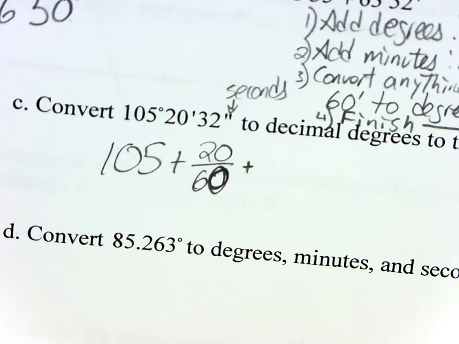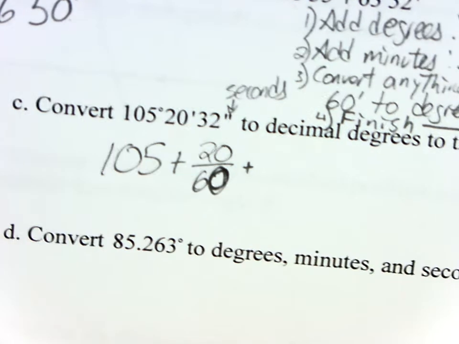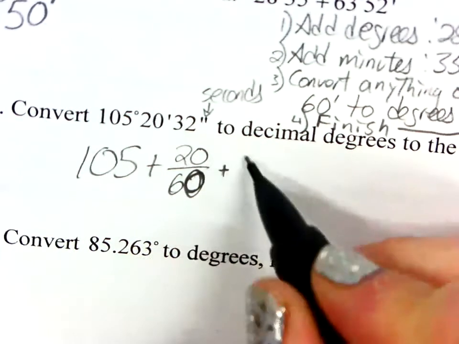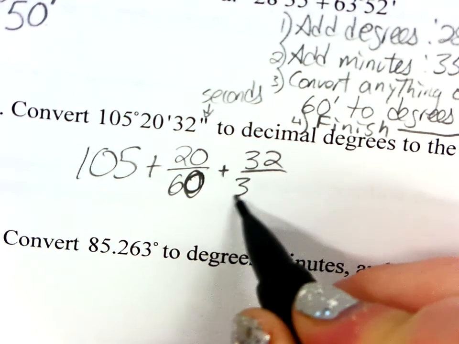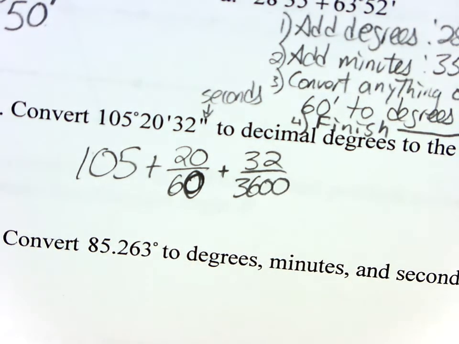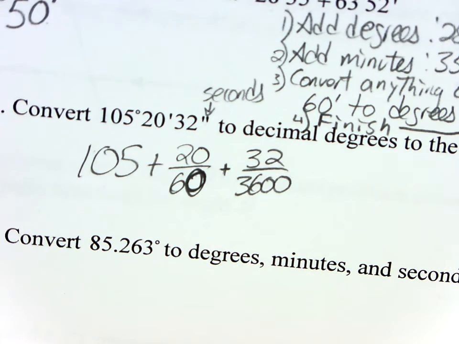Yes, it'd be 1 over 3,600 because you're multiplying those 60s together. So this is actually 32 out of 3,600 of a degree. Does that make sense? It's a little weird, okay?